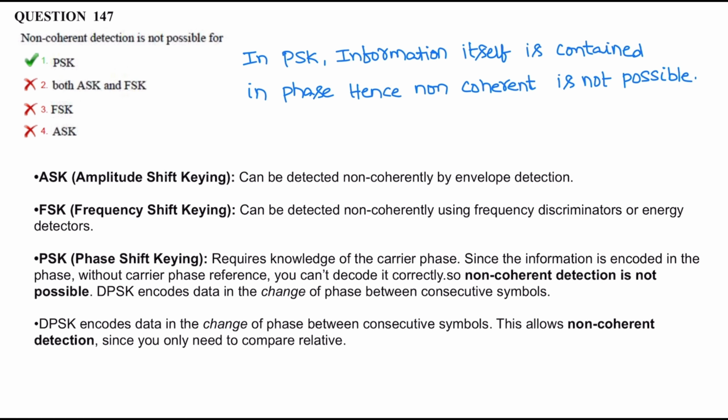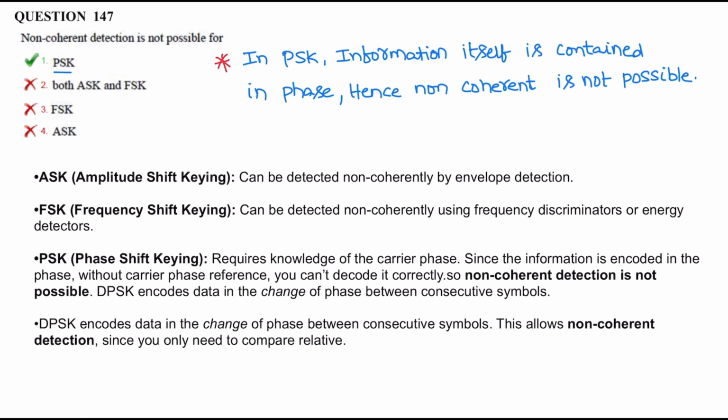Question number 147. Non-coherent detection is not possible in phase shift keying because in PSK information itself is contained in the phase. Hence, non-coherent detection is not possible. In amplitude shift keying and frequency shift keying, non-coherent detection is possible.